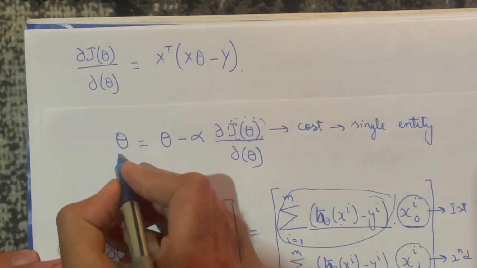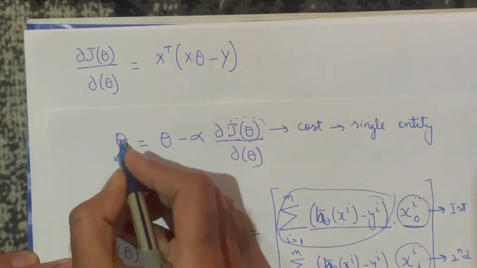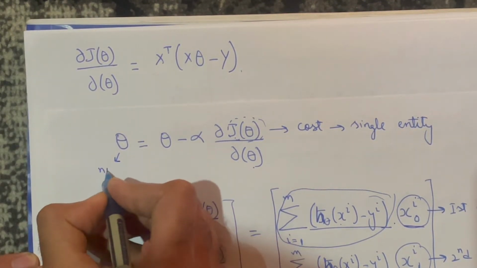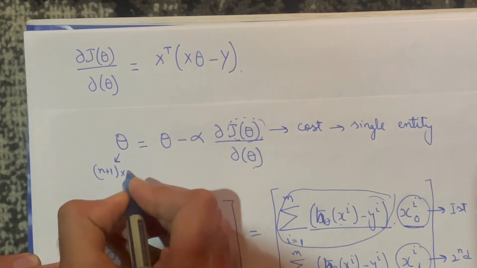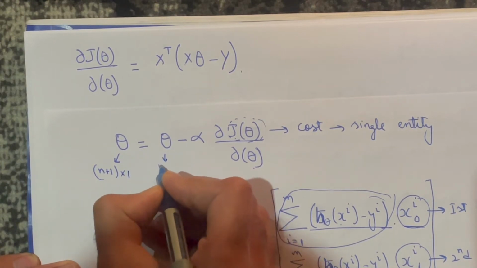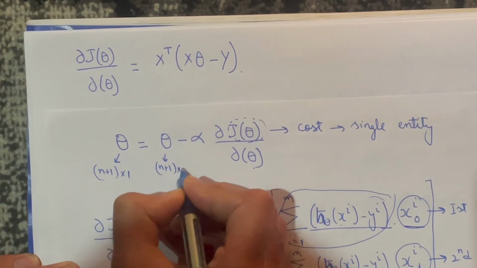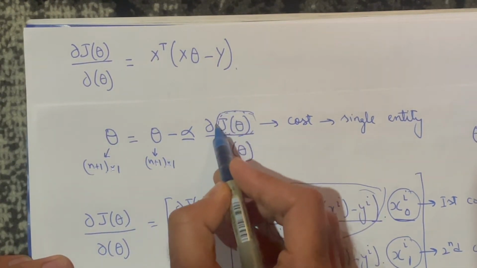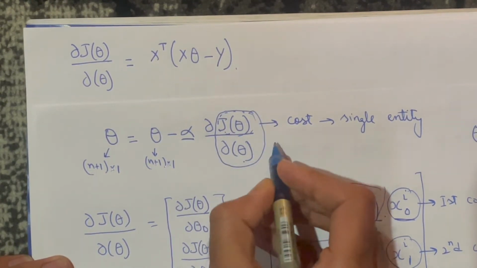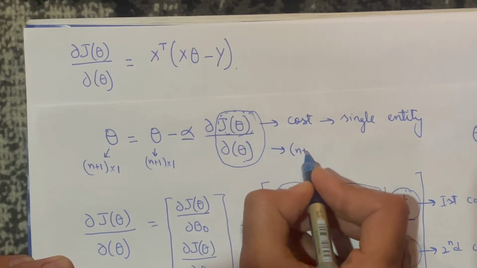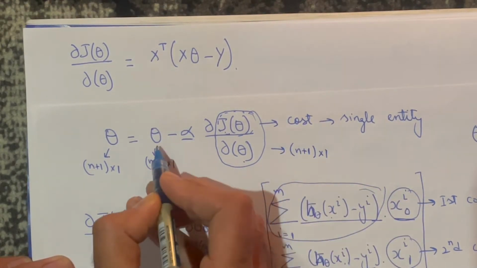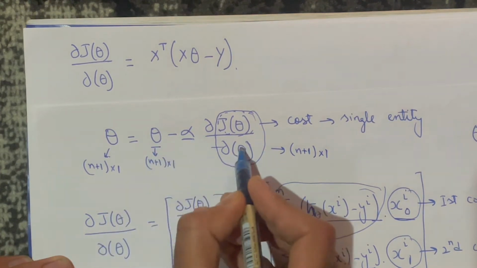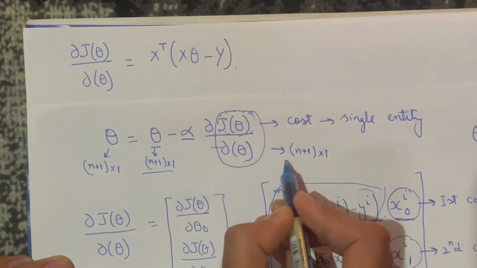What is the dimension of this matrix? N plus 1 cross 1. What is the dimension of this? N plus 1 cross 1. So it is a constant quantity, we don't care. Now we have to find the dimension of this. It should again be n plus 1 cross 1. Why? Because two matrices can be subtracted only if their dimensions are the same.